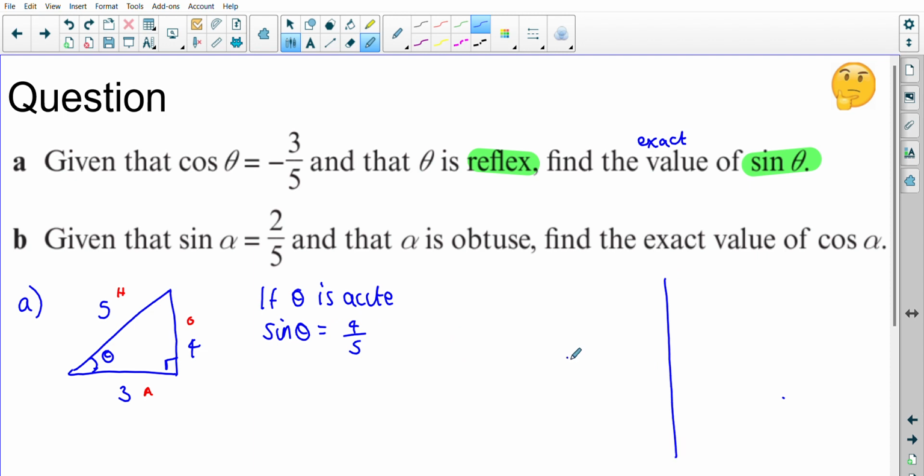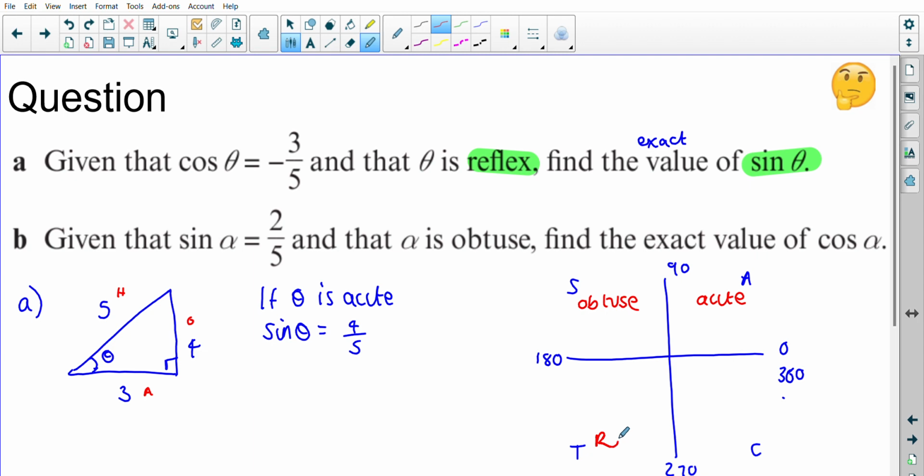So now I'm going to go to the CAST diagram and think about what quadrant I'm in. So this is acute angles, obtuse, reflex, and reflex. Now there's two reflex sections.